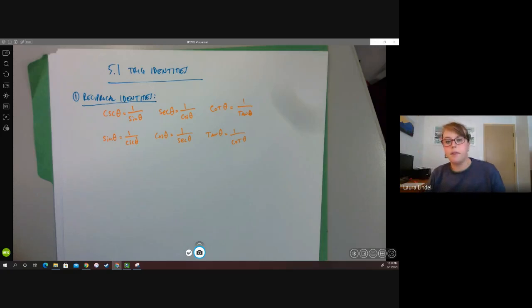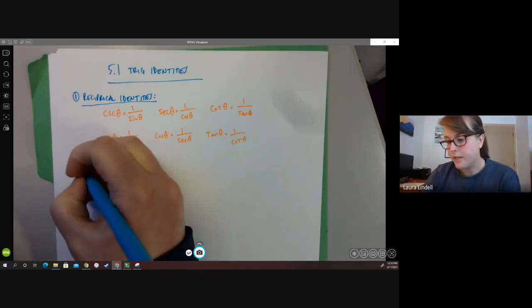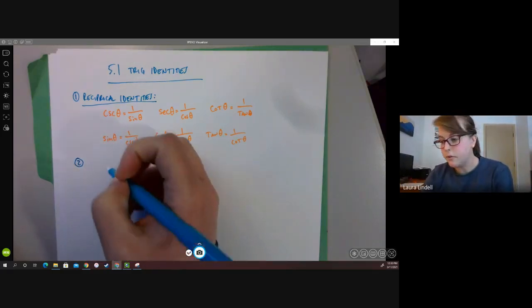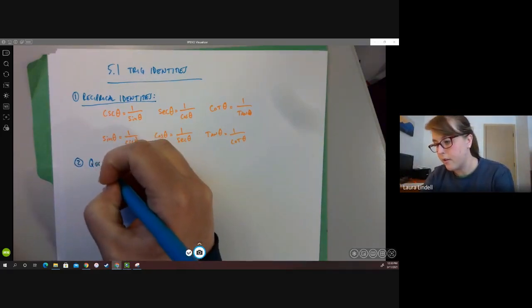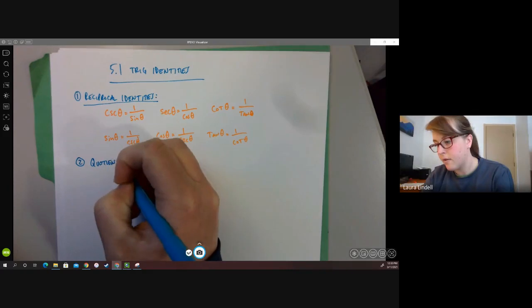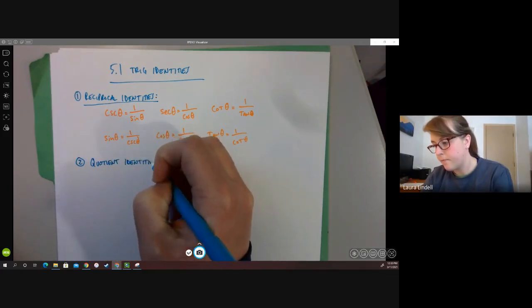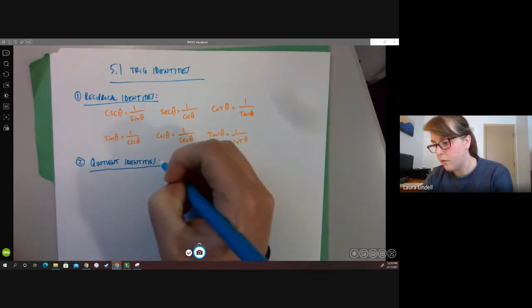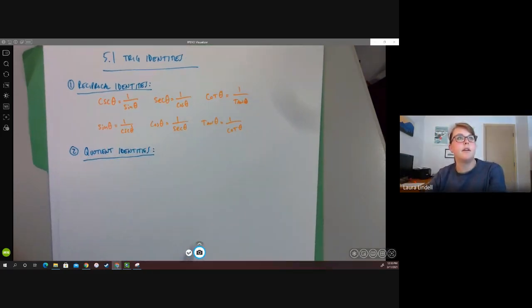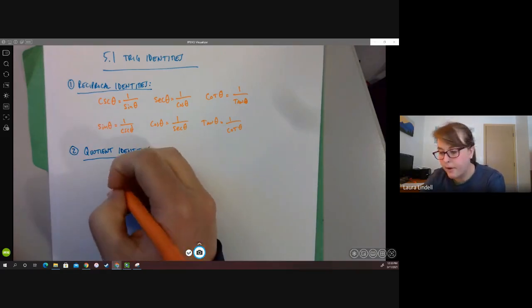The second type of trig identity that we want to be able to know and use are the quotient identities. The quotient identities. Okay. So we knew from talking about the unit circle about at least the first of these quotient identities, or we've talked about it anyway.